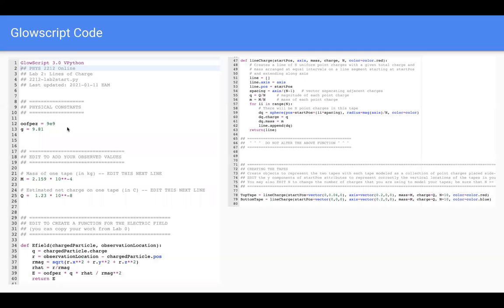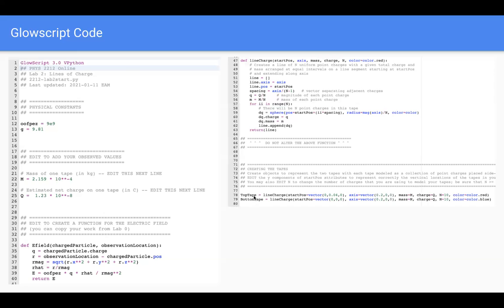We have some constants defined, and then this is the mass of the tape that I talked about earlier. From lab 1, this is the charge that I estimated on one tape. Then this is my equation for calculating an electric field, and it just returns E. Then this is a function that creates a line charge and splits it up, which allows us to approximate it with the point charge formula.